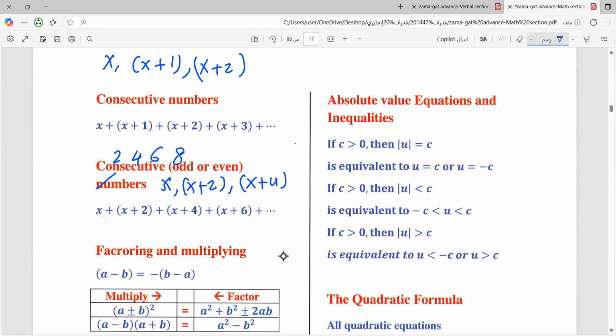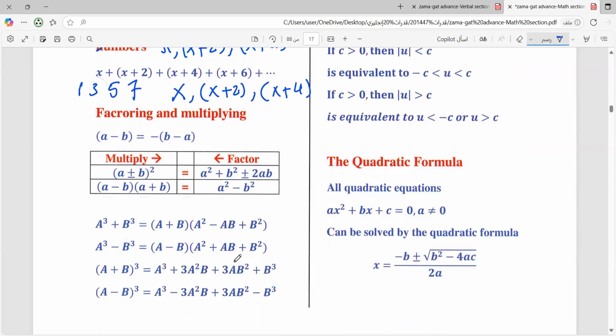Between 2 and 6, the difference is 4. Between 2 and 8, the difference is 6. So x is the first number, the second one is x plus 2, the third is x plus 4, and so on. Also odd numbers like 1, 3, 5, 7: the first number is x, the second number is x plus 2, the third number is x plus 4, and so on.